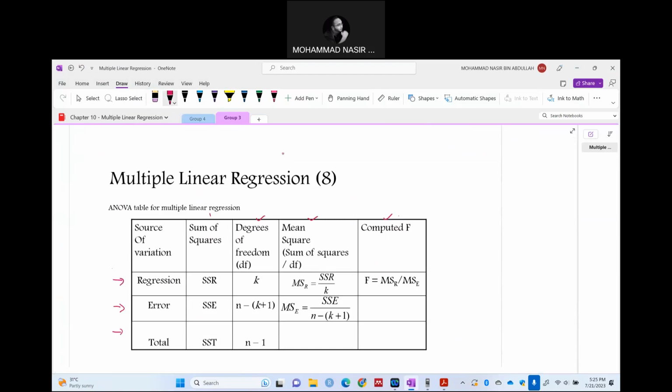Yesterday, the degree of freedom for regression is 1 because the number of independent variables was only 1. In this case, we have 2 or more, right? So k is the number of independent variables, and this is the degree of freedom for error and degree of freedom for total, right?